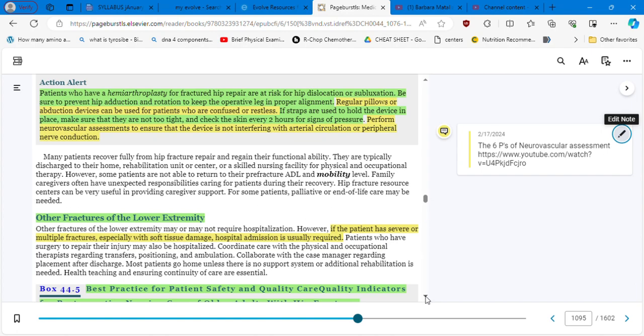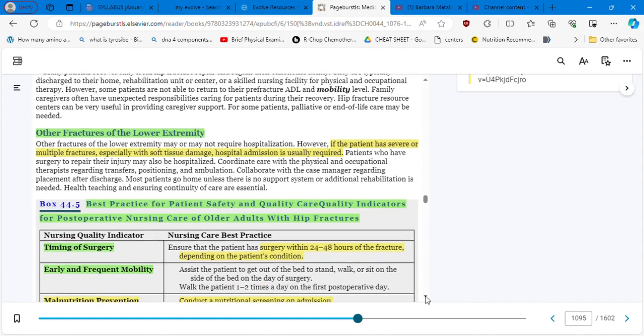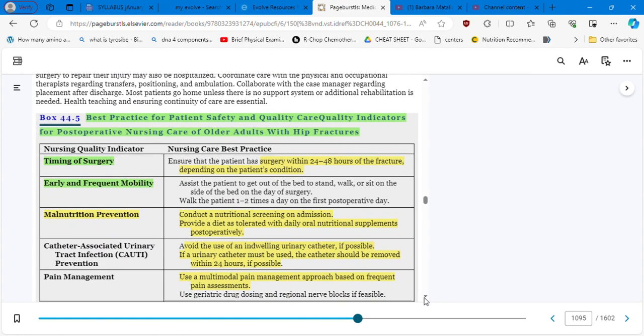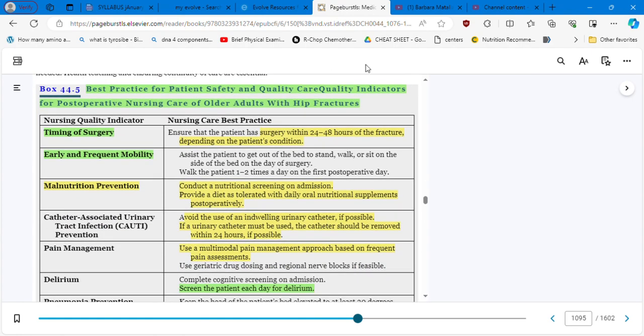So, other fractures of the lower extremity: if the patient has severe or multiple fractures, especially with soft tissue damage, hospital admission is usually required, right? Best practice for patient safety and quality care includes indicators for post-operative nursing care of older adults with hip fracture.